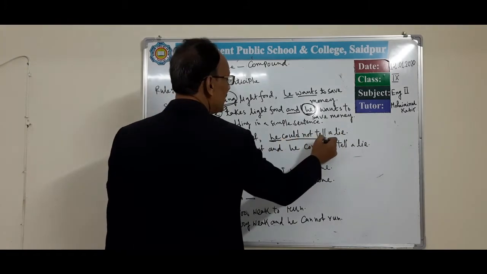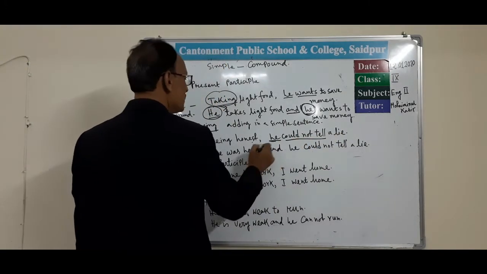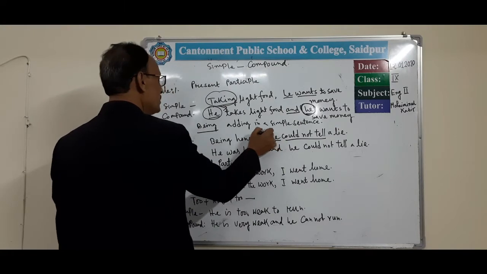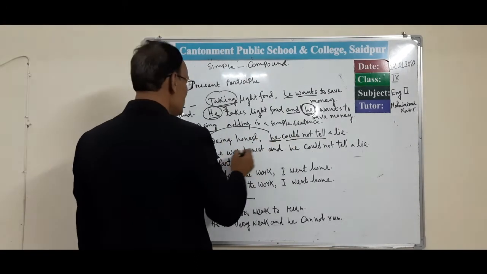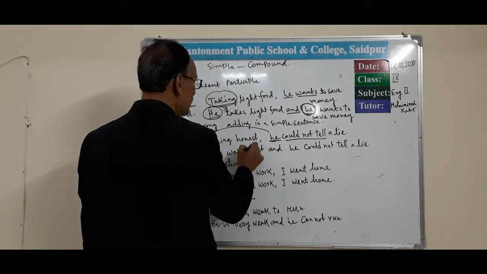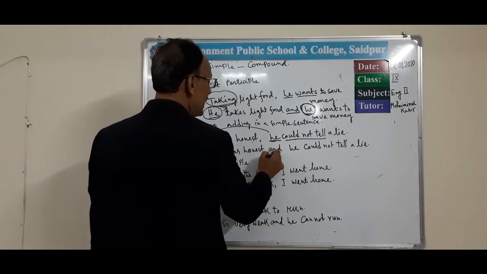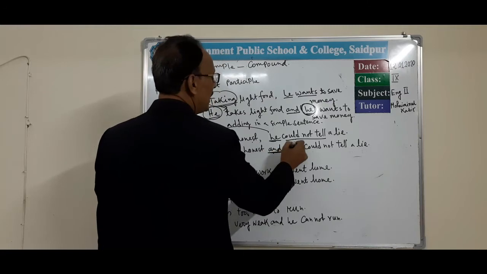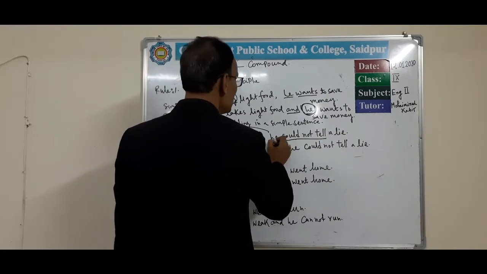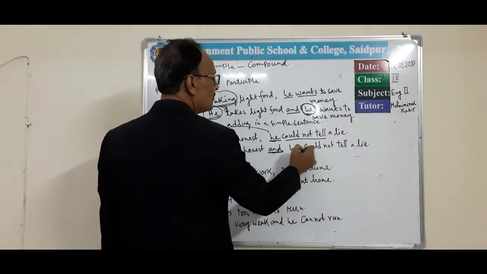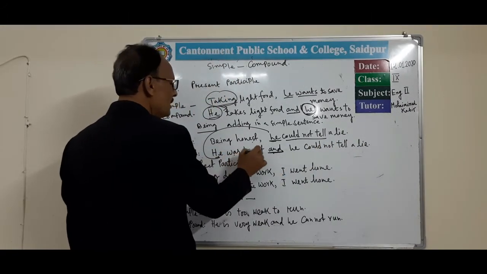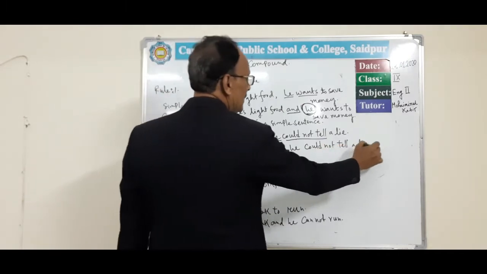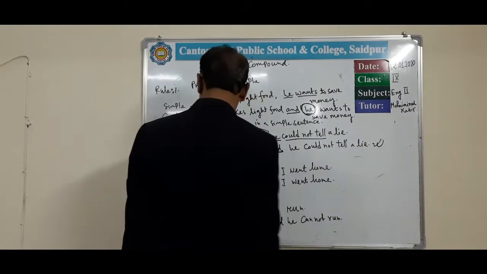Could not tell means it is past tense. So first we use the subject he, and in past tense, he was honest, and add and and the remaining part: he could not tell a lie. Then the sentence is: he was honest and he could not tell a lie. It is a compound form.